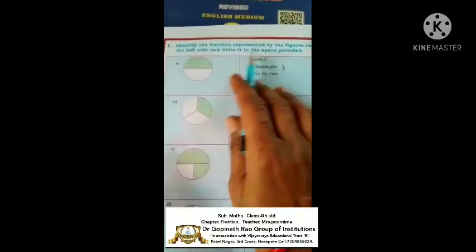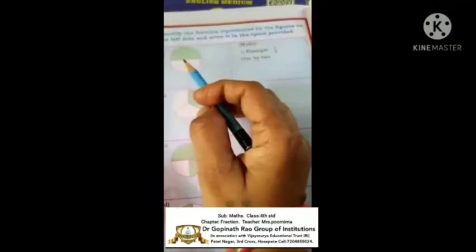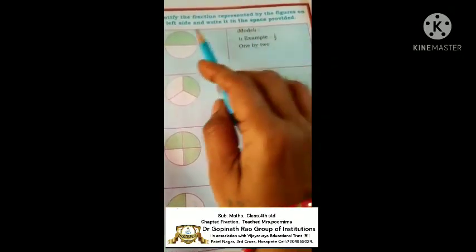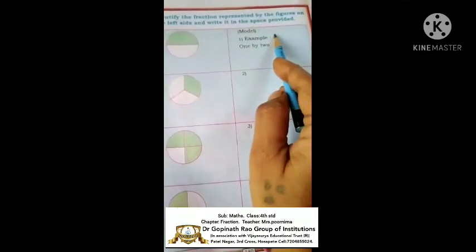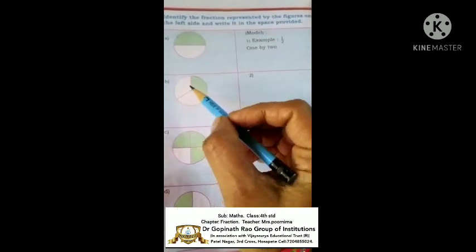Identify the fractions represented by the figures on the left hand side and write in the space provided. See here, 2 parts, 2 has to be written down, and what is colored should be written up. Now identify in this circle, 1, 2, 3.